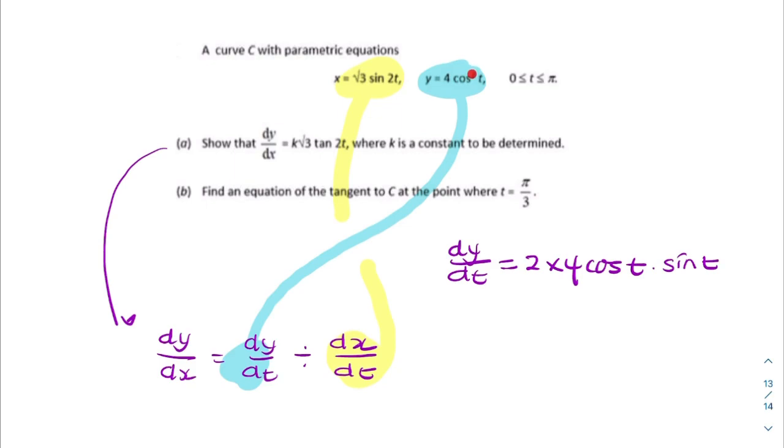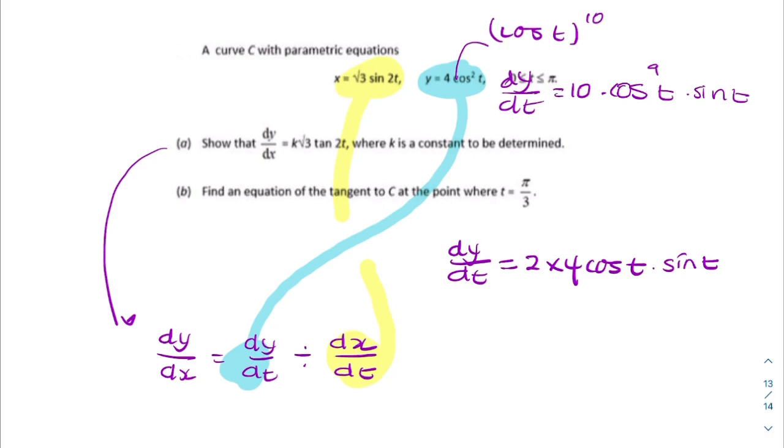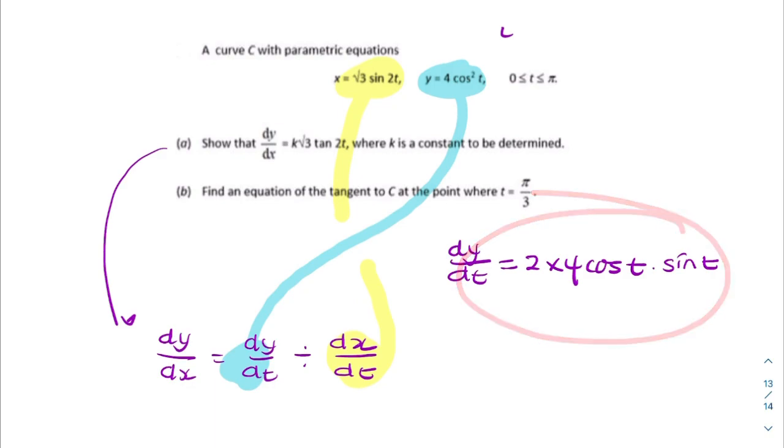So that 2 is that 2, and then you subtract 1 from the power, and then you multiply by the derivative of cosine. So if that was cosine t to the power 10, then dy by dt would be 10 cosine to the power 9 t times sine t. So this is just application of the chain rule. Okay, so that's dy by dt.